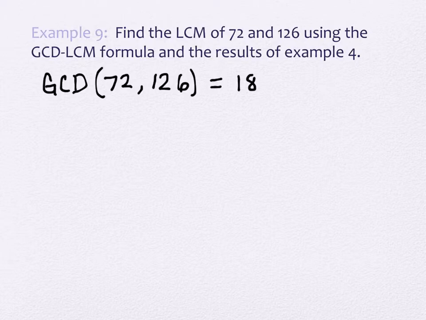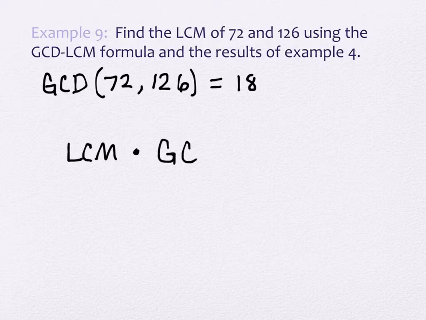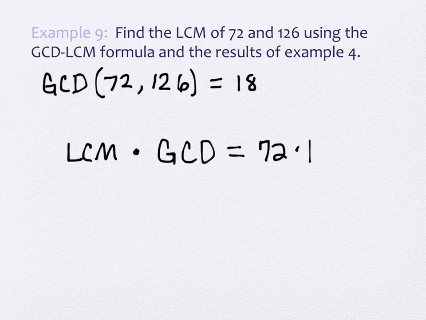We already did that. We did it with Euclidean algorithm. There's nothing special about the Euclidean algorithm. We could have done it with any method and still gotten the 18 and used this, okay? Nothing special about that at all. So what this formula says then is that the least common multiple times the greatest common divisor should be the same thing as the 72 times the 126 that I'm being given.